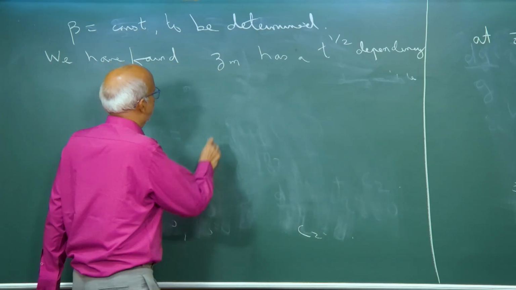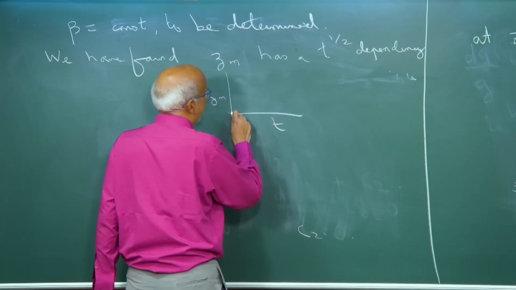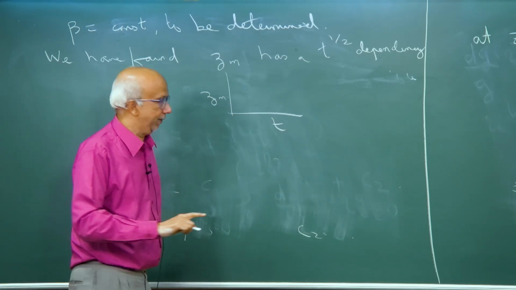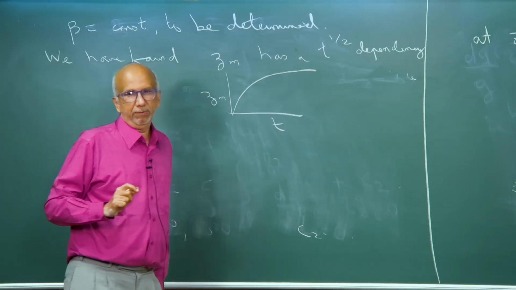So, basically we plot Zm versus t, initially the interface is at 0, and then it goes and saturates. So, it means a parabolic.